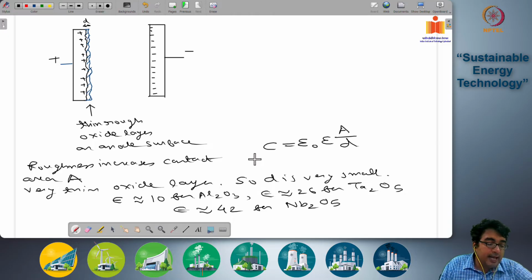Now, in between the anode and cathode, what we have instead of a dielectric material is an electrolyte.